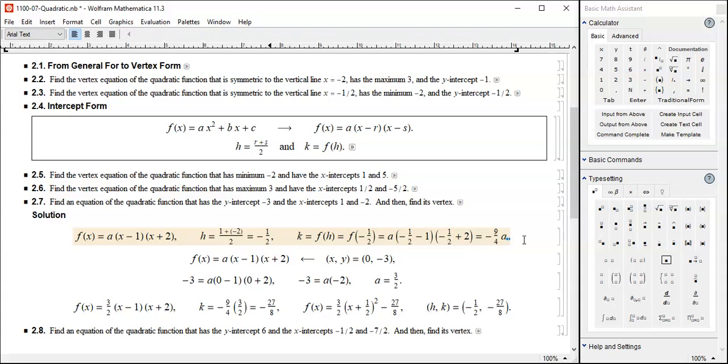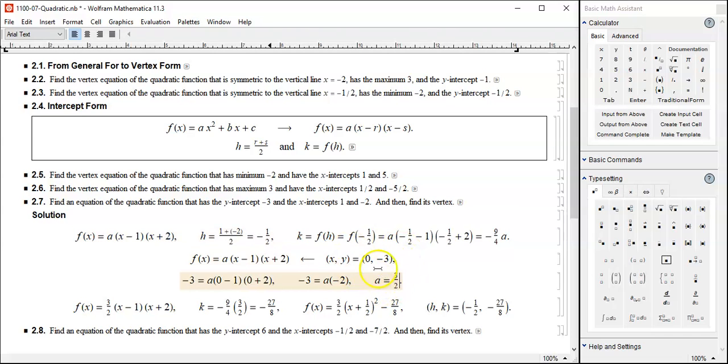Now, as for determining what a is, you can determine it from the y-intercept. x is 0, y is -3. Plug those in, and you can find out what a is. Again, you have to take appropriate trouble to get one step further, one step here, another step here.